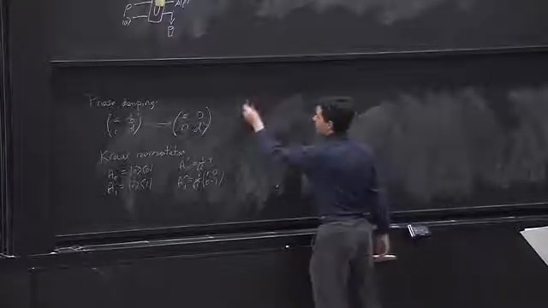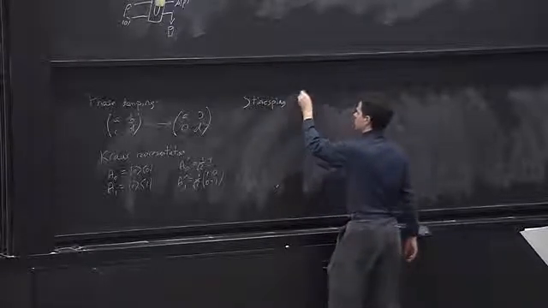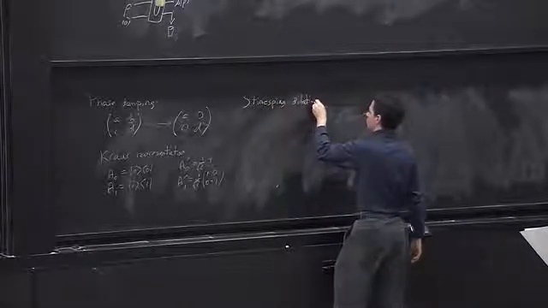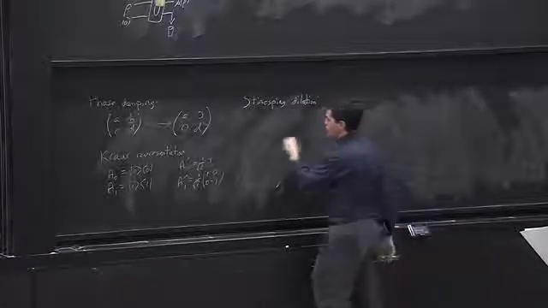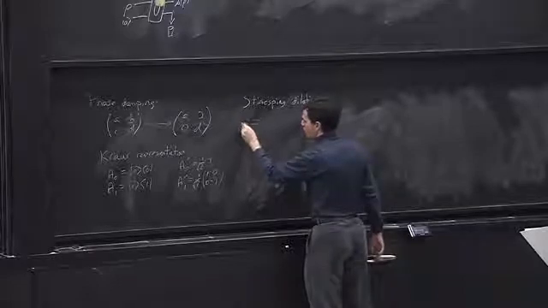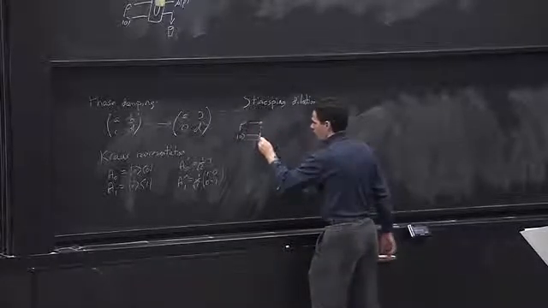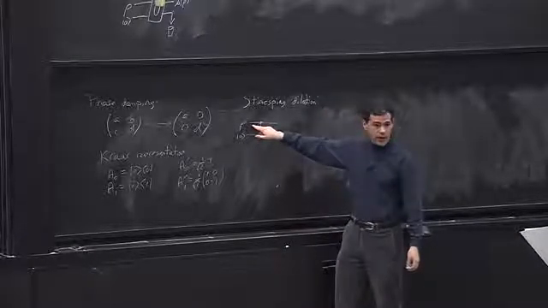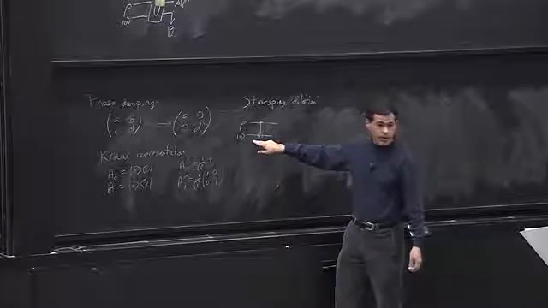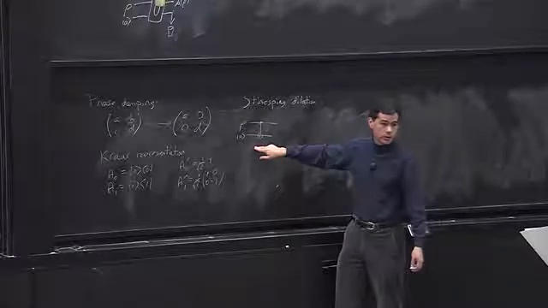And then there's the Stinespring dilation of this map. Remember, I said this is basically like a measurement. So that's how we can implement it. We take the density matrix rho, we add an ancilla 0, and we do a controlled NOT. If this state started out as a 0, then the ancilla stays as 0. If it started out as a 1, then the ancilla becomes a 1.